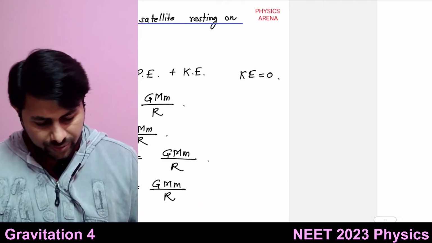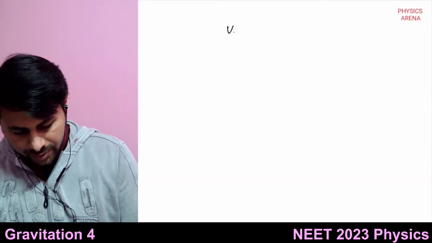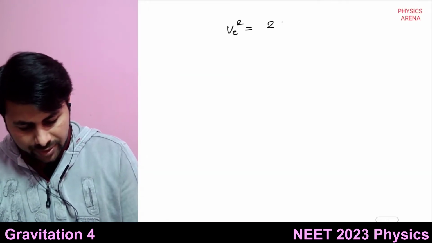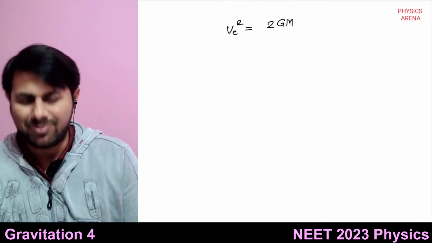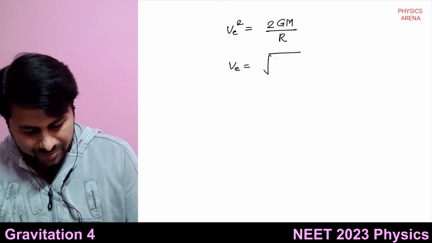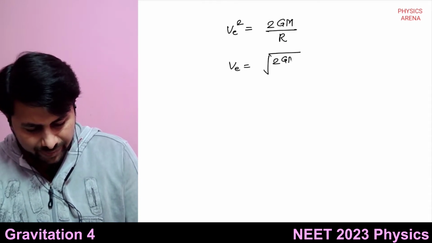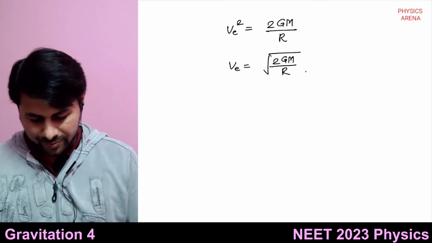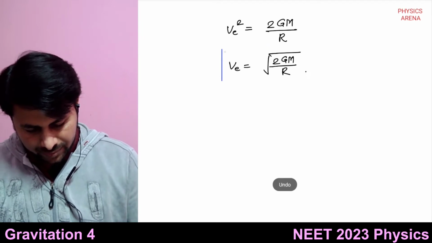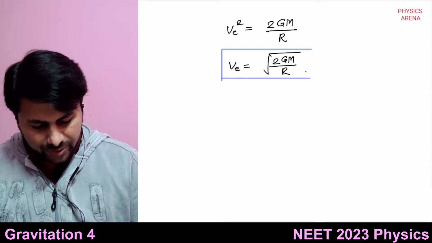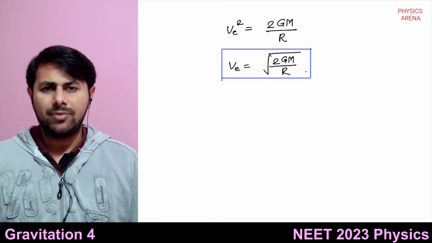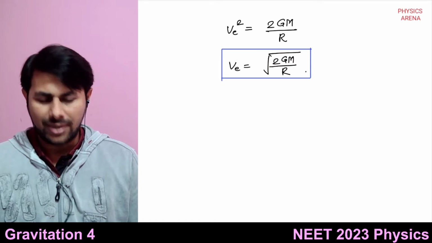So you get v square is equal to what? 2 times G multiplied by M upon R. So v equals square root of 2GM upon R. Okay, v is equal to square root of 2GM upon R, right?